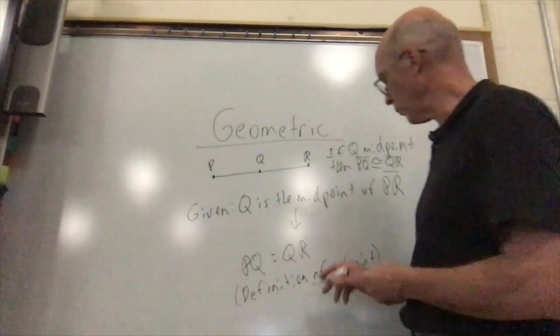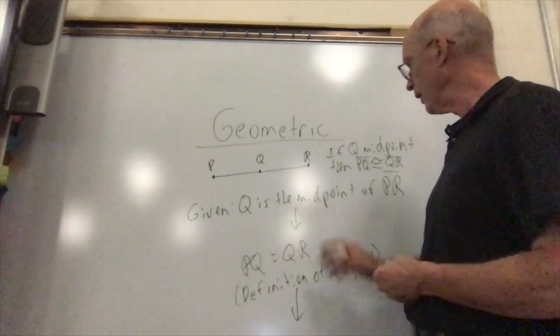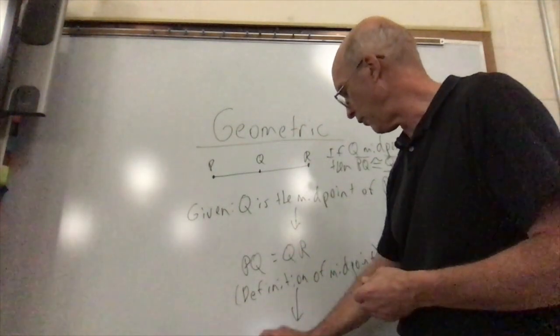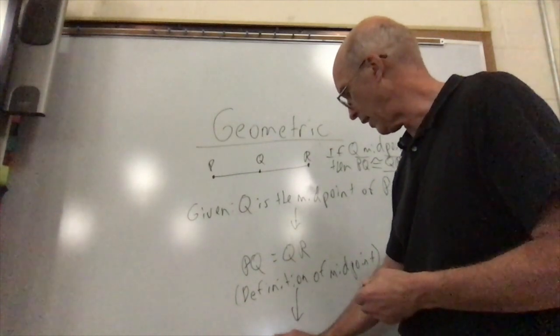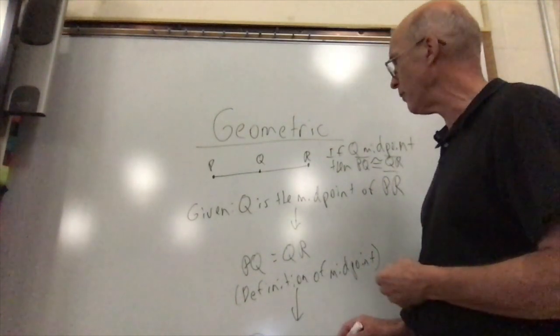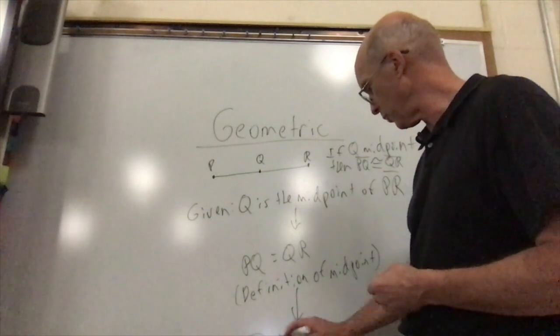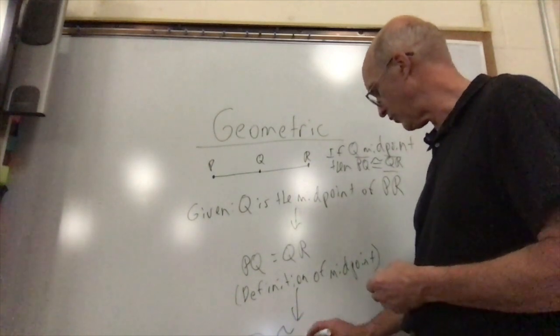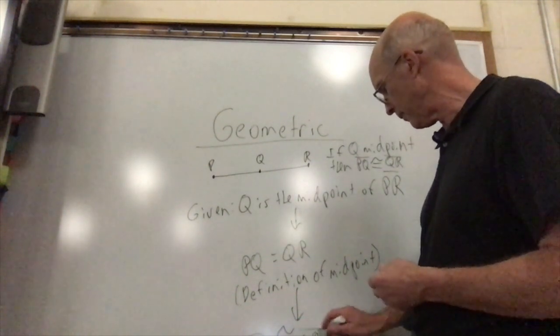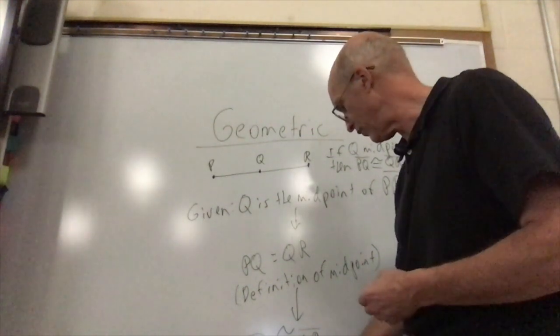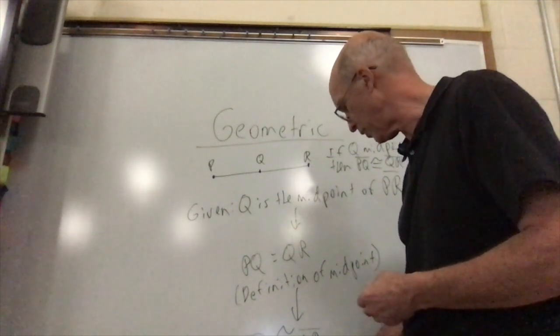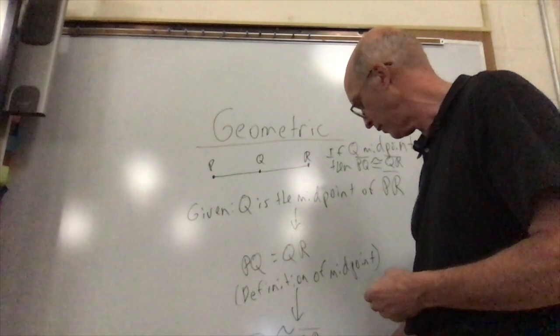And then simply one more step. I therefore know that line segment PQ is congruent to line segment QR, because that is what congruent means.